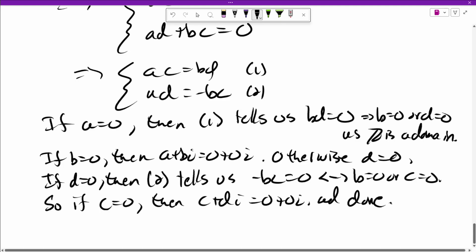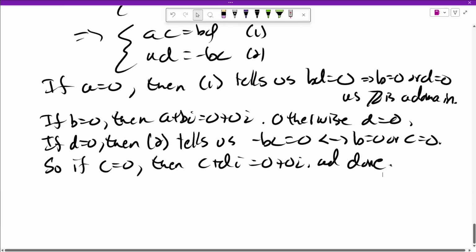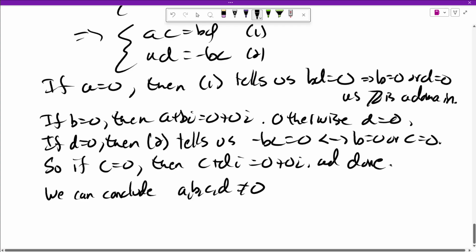So all of this is saying is that if a is 0, then actually one of these terms has to be 0. Similarly, if b is 0, you can do a similar analysis, and if c is 0, and if d is 0. So what this actually tells us is we can conclude that none of them are 0. So none of these terms here are 0.